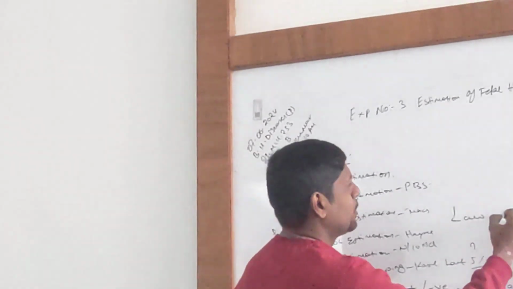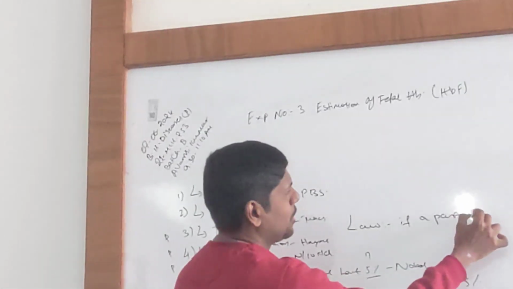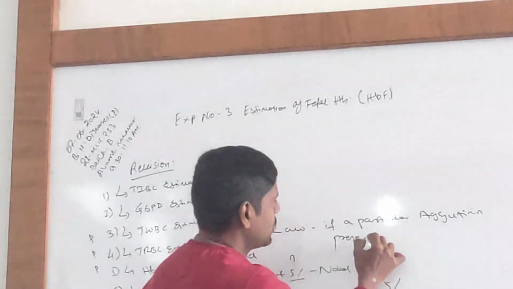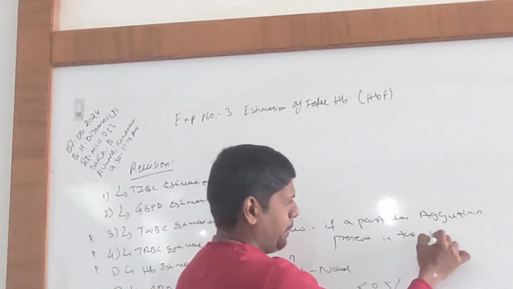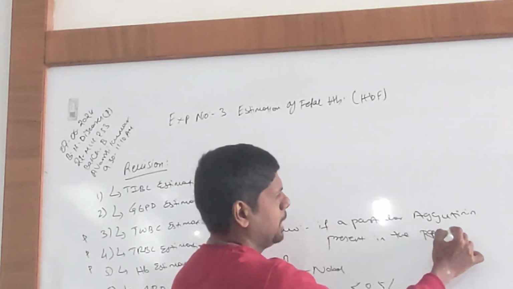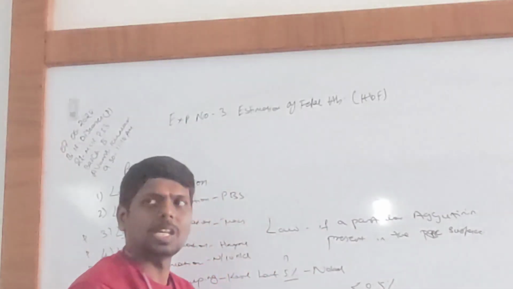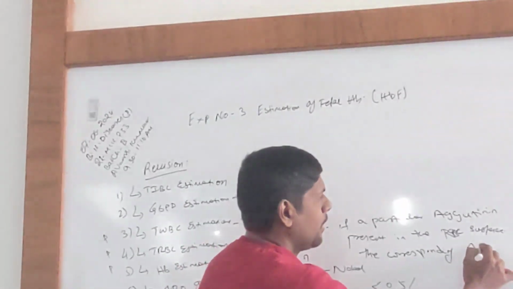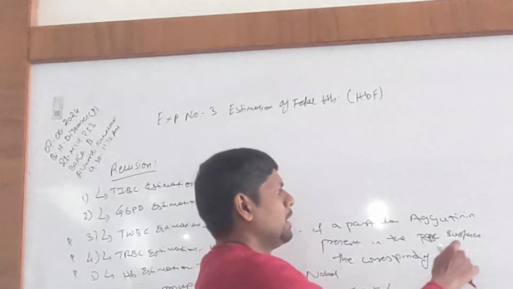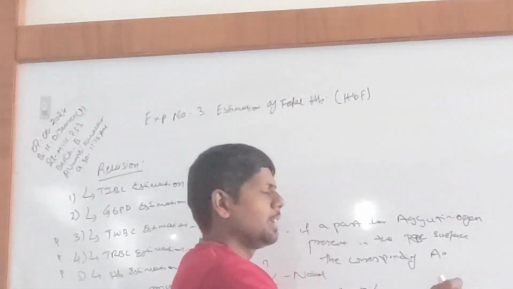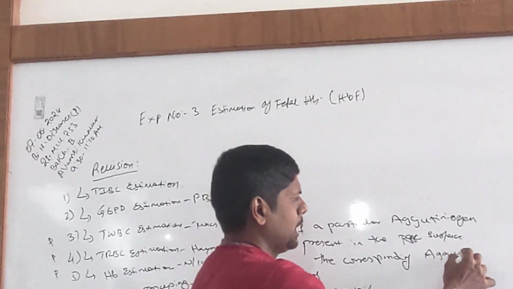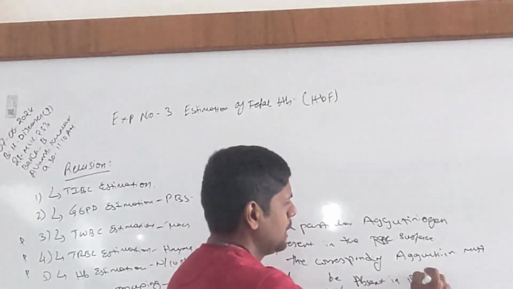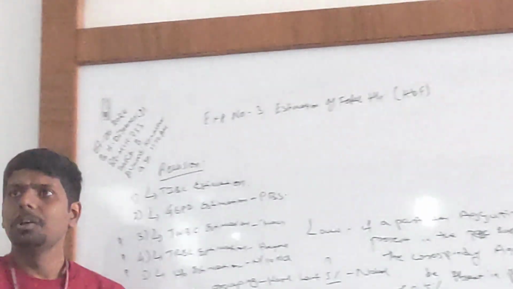He said, if a particular agglutinogen is present on the RBC surface of the patient, the corresponding agglutinin must be absent in the patient plasma. Very beautiful statement.